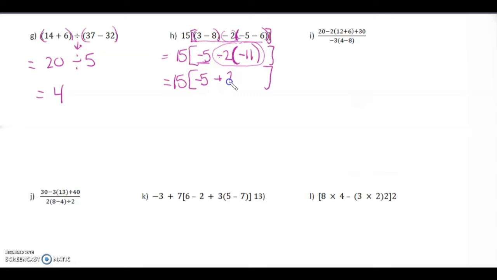So I'm going to go plus 22. Again, bring down that 15, and we're just simplifying inside the bracket. So negative 5 plus 22 is 17. Okay, so I get 255.